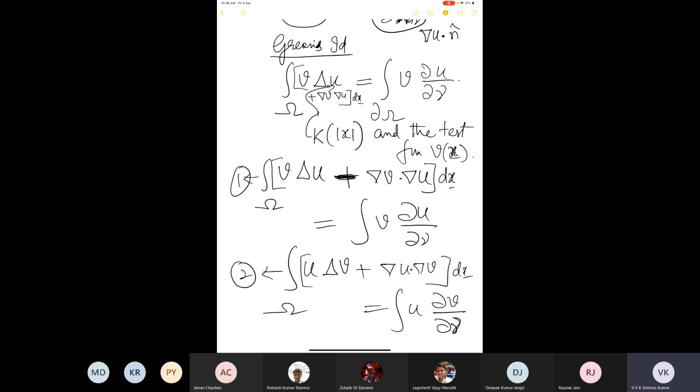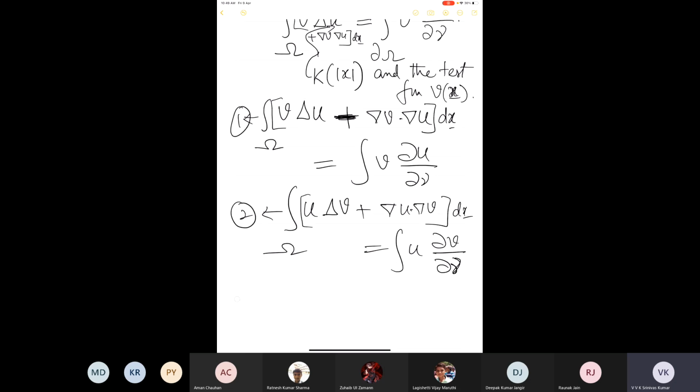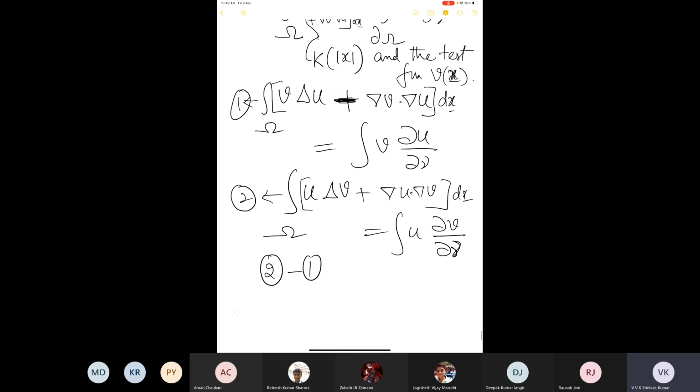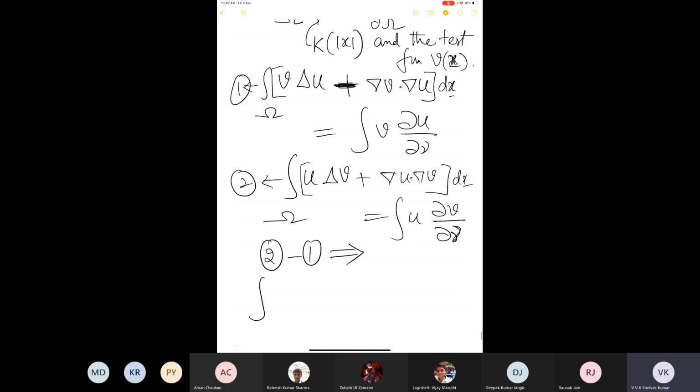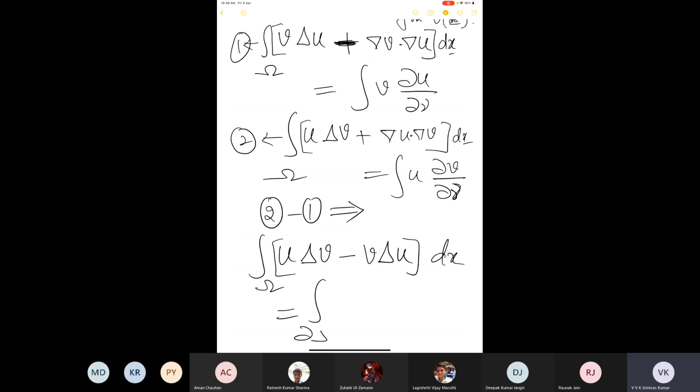I can change the functions. Now subtract from one another: 2 minus 1 implies integral over omega of u Laplacian of v minus v Laplacian of u dx is equal to integral on the boundary of omega of u del v upon del nu minus v del u upon del nu.